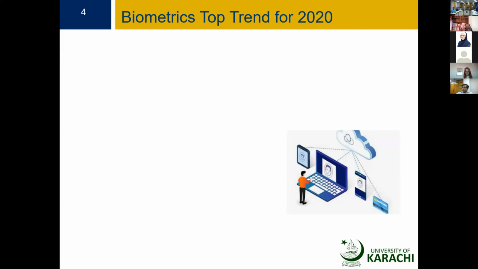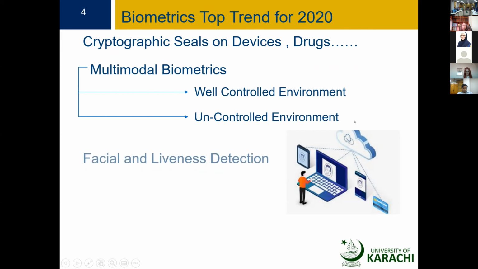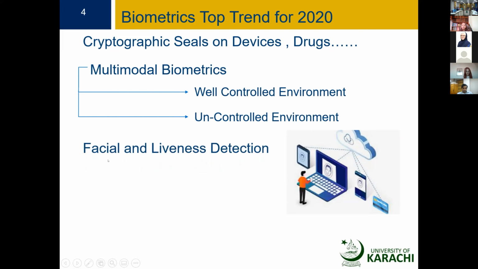One is a well-controlled environment and the other is an uncontrolled environment. With facial recognition software, you need liveness detection, because if a person puts a photo in front of the software, how can you recognize whether this is the same person or the photo? So this is another live area.